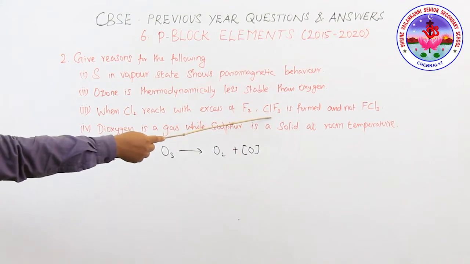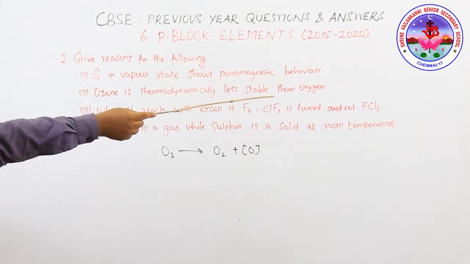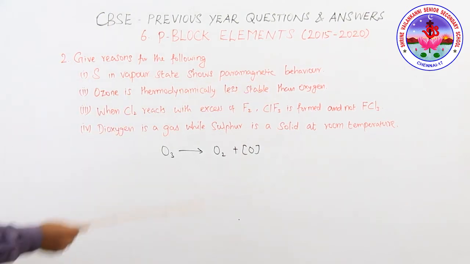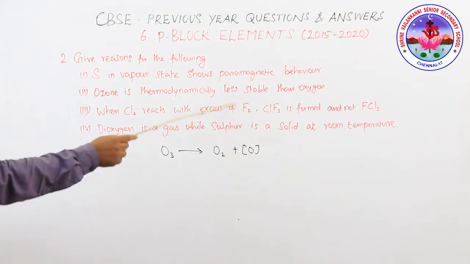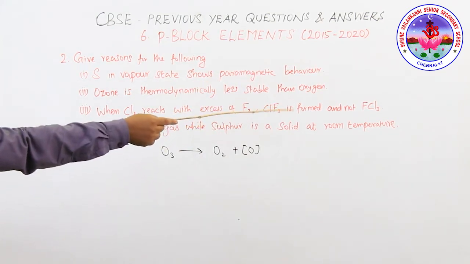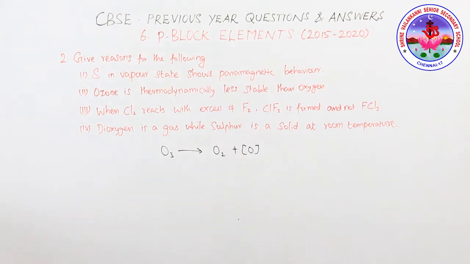Chlorine has d orbitals, but in the case of FCl3, fluorine does not have d orbitals, and fluorine cannot show the positive oxidation state, that is +3. Here FCl3 would mean chlorine having the +3 oxidation state.